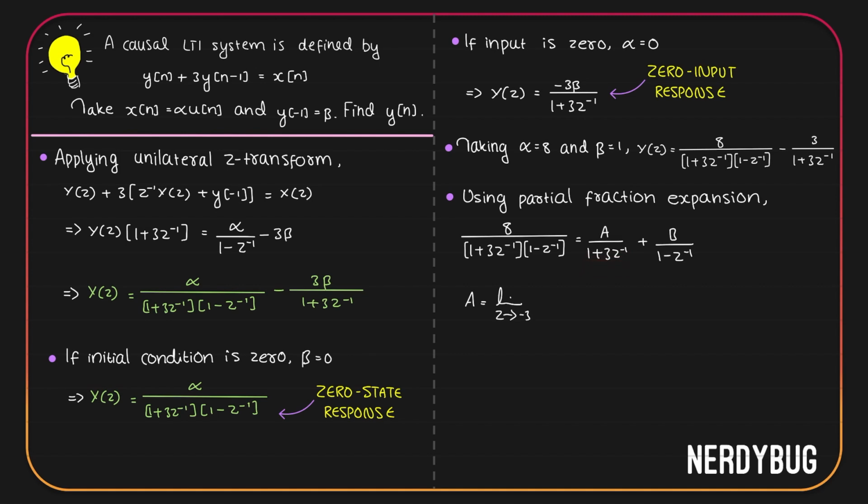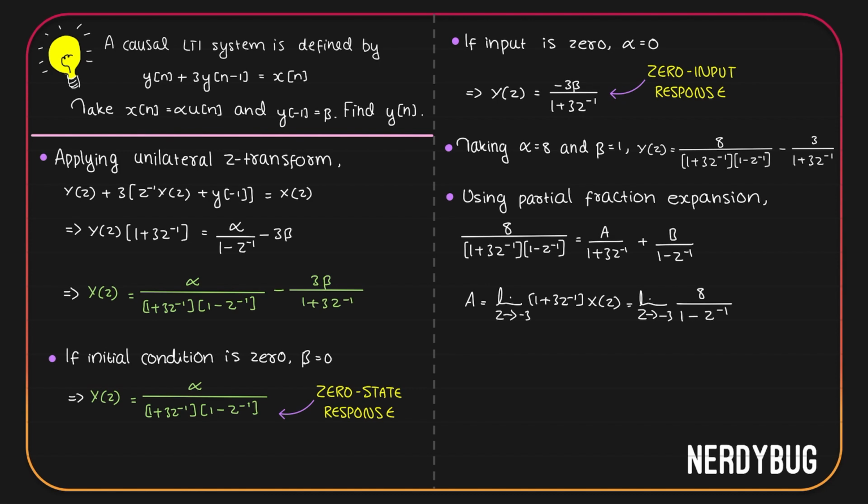So z tends to minus 3, 1 plus 3z inverse multiplied by this whole thing, I'll just call it x of z. If you multiply this with 1 plus 3z inverse, this term will get cancelled. So what we have to find is limit z tends to minus 3, 8 divided by 1 minus z inverse.